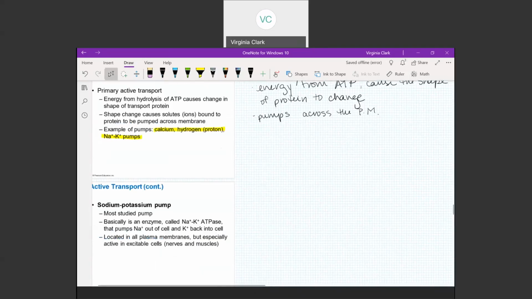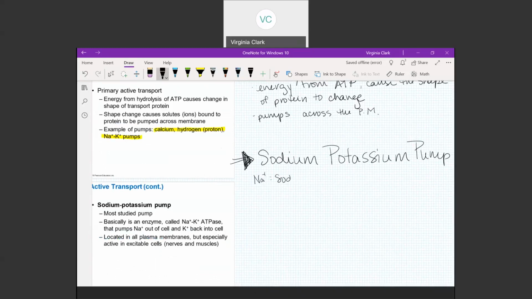So the first big takeaway from this chapter is going to be the sodium-potassium pump. Now, remember, sodium is Na+, potassium is K+, so we're going to use these terms today.